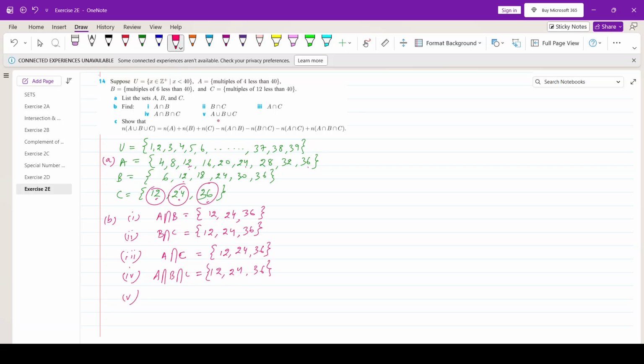So part 5 says A union B union C. That will be all the elements at least once.